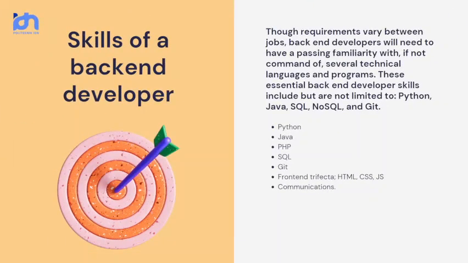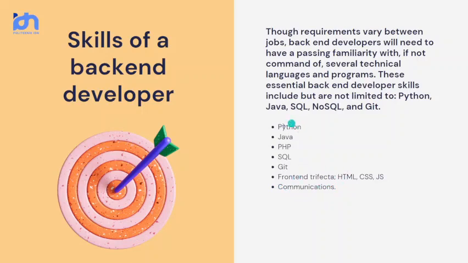Next, skills. What skills are required to be a backend developer? To be a backend developer, we must know Python, Java, PHP, SQL, Git, the front-end trifecta, that is HTML, CSS, and JavaScript, and also communication.